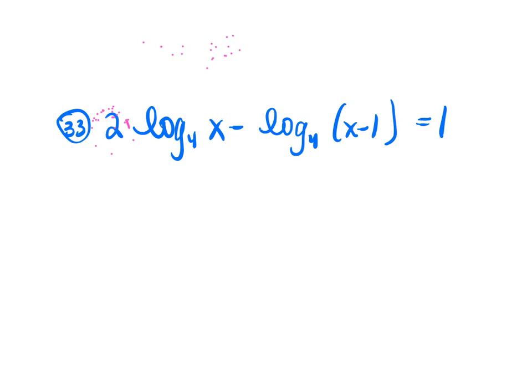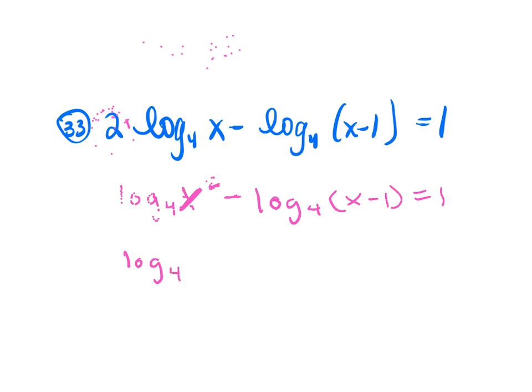And then we have to do division. So since we're subtracting, we divide: log base 4 of x squared divided by x minus 1 is equal to 1. What do we do from here?